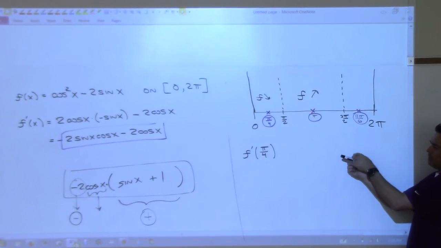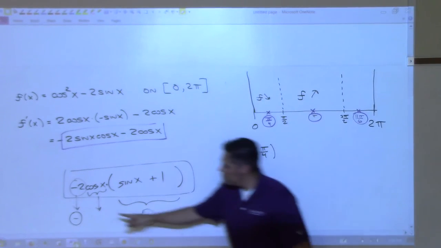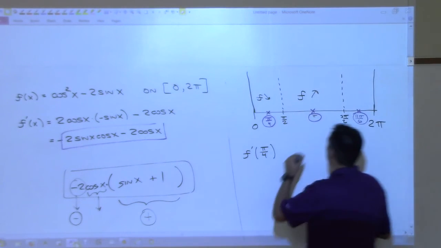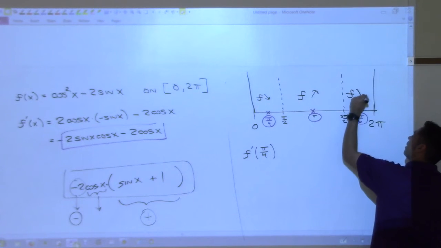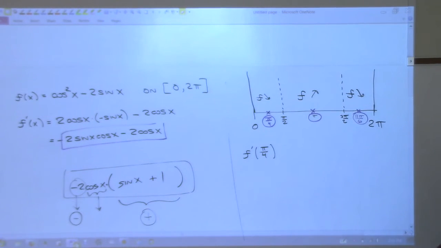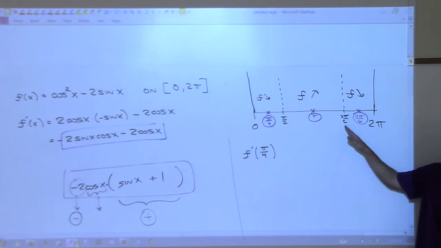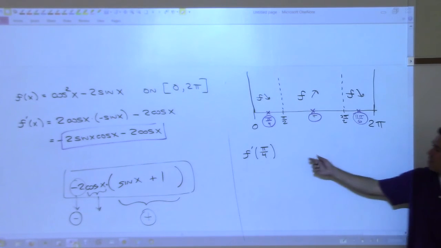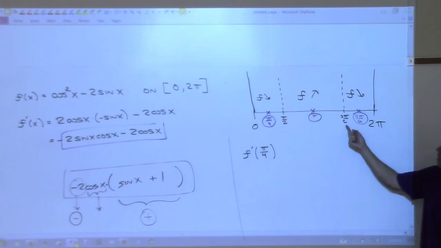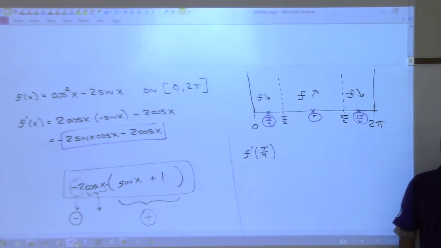Cosine is the x-coordinate, so positive. So I'll have a negative times a positive times a positive, that's negative. There we go. So my function is increasing between pi over 2 and 3 pi over 2. My function is decreasing between 0 and pi over 2, and 3 pi over 2 to 2 pi.